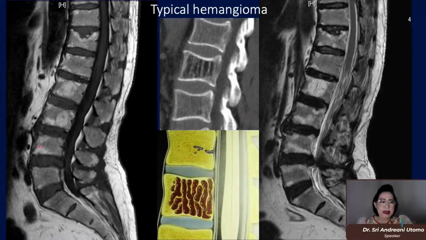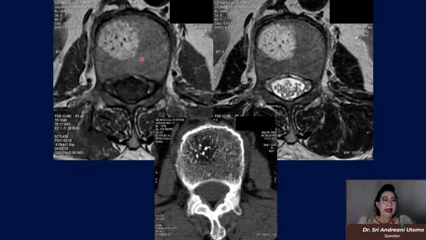The other part is not bone hemangioma, but fatty change of the vertebral body. In CT scan, we can see the prominent bony trabeculation with corduroy sign. And in axial slice, we can see the polka dot sign that shows hypointensity in T1 and T2 in MR. And in CT scan, we can see the polka dot sign with hyperdensity.